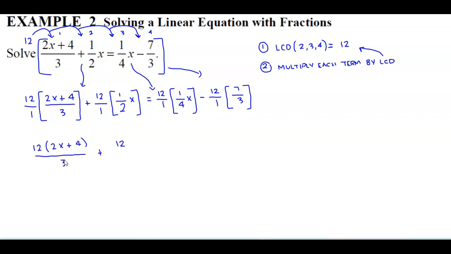So we have 12 times 1 over 1 times 2, which is 2, so that's 12 over 2x, equals 12 times 1 in the numerator here is 12 over 1 times 4, which is 4, and then x, and then minus. You can either multiply 12 times 7, or you can leave it as just like the first part that we did. We can write this as 12 times 7 over 1 times 3, which is 3.